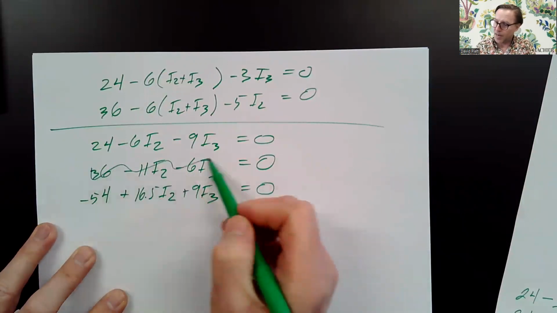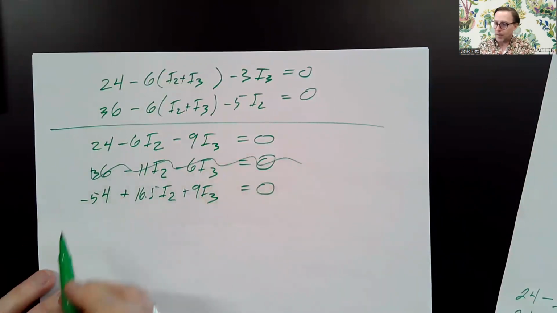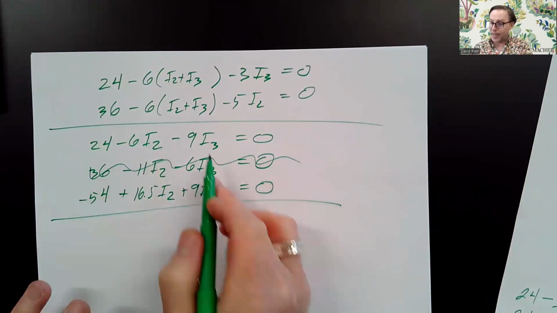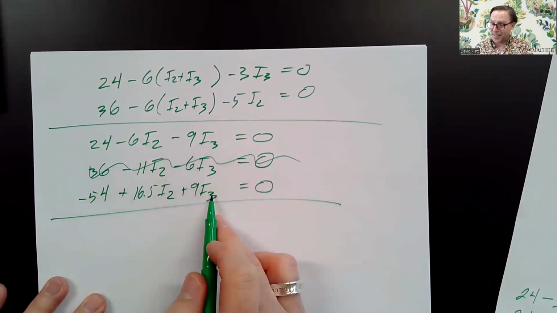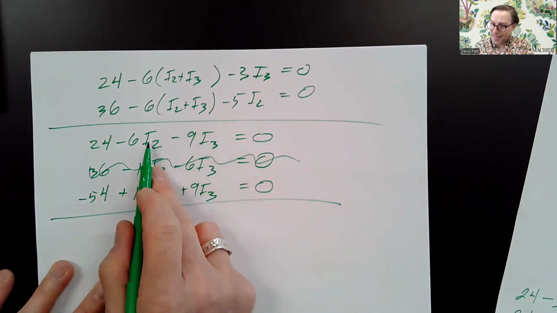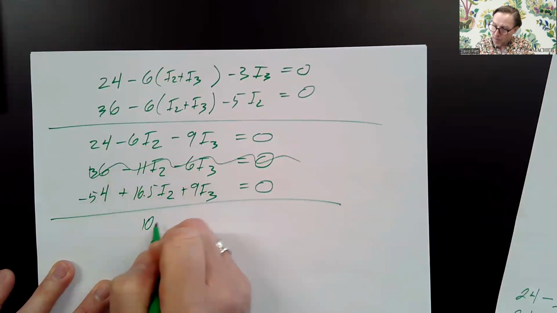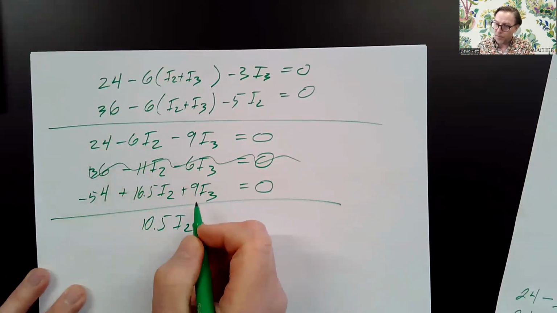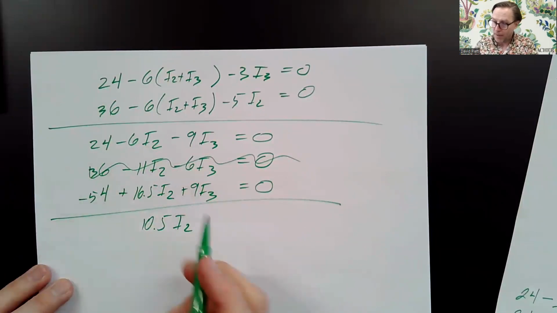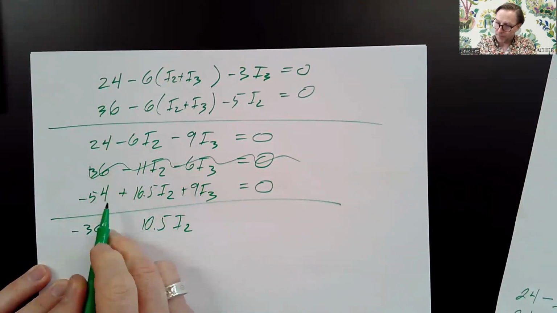So then I cross that out. And then I'm going to add these 2 equations. And the reason is negative 9 plus 9 is 0. Yay. 16.5 minus 6 is 10.5 I2, and 24 minus 54 is negative 30 equals 0.